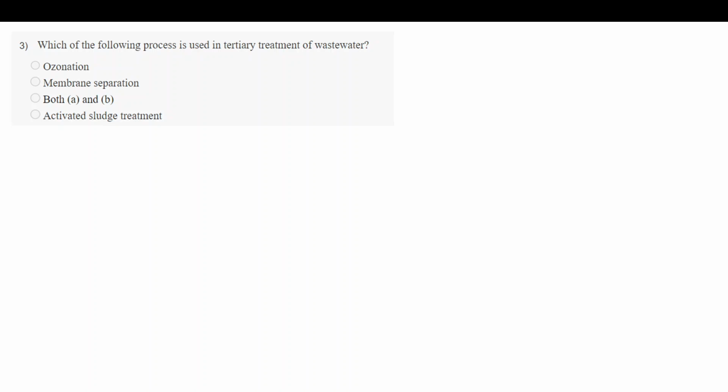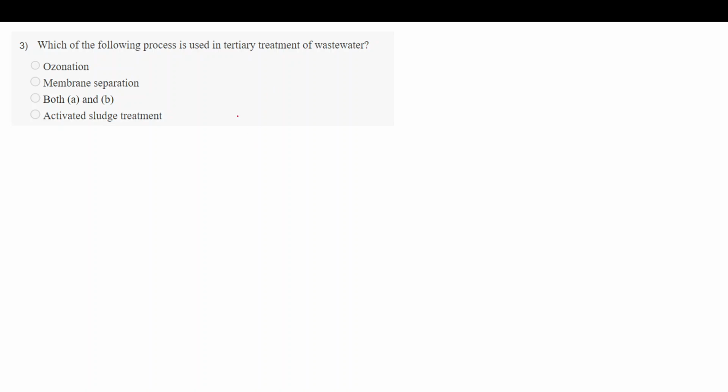Okay, now let's look into the next question: which of the following processes is used in tertiary treatment of wastewater? Tertiary treatment is any advanced treatment which is not common to all; it is a specific process.